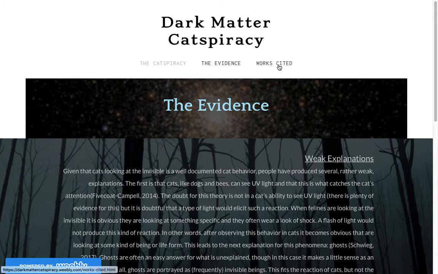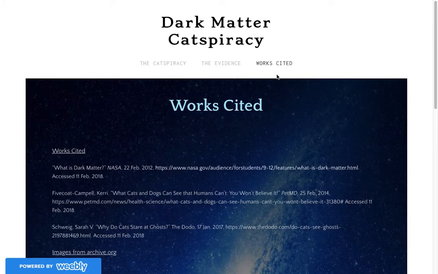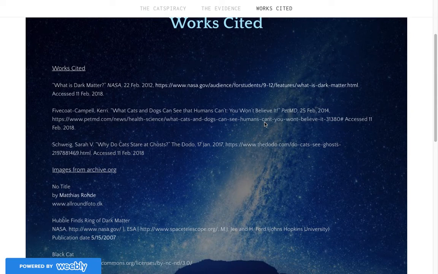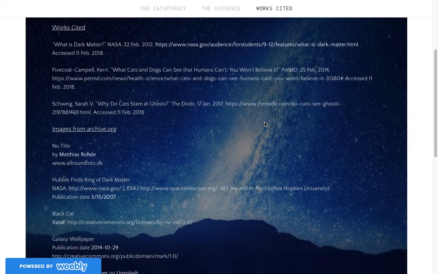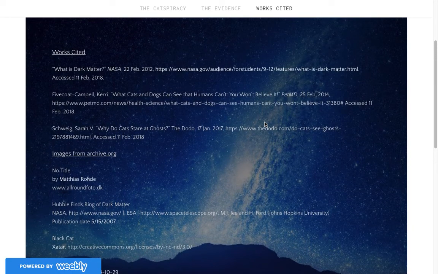All right, the last page, the works cited page. We can see here that there are good citations. The citations have been made, but what we see when we look at them is that they are not citations that support the main conspiracy theory.